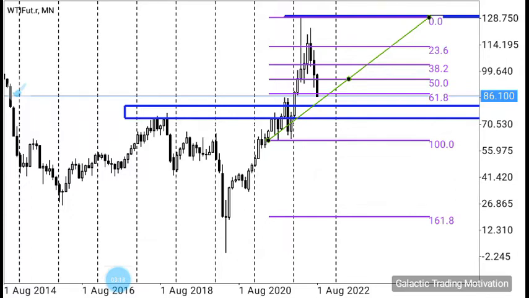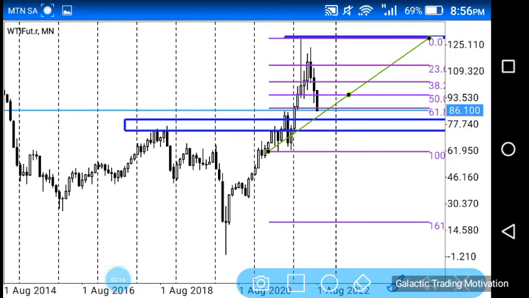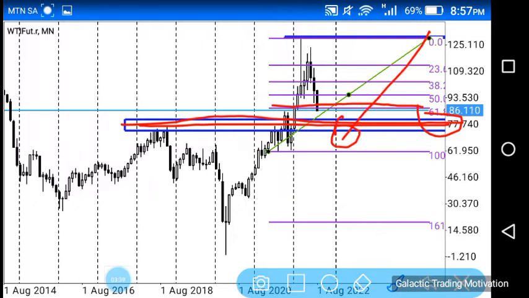Right, so we can see that price is currently testing the 61.8% Fibonacci retracement level, and also that our neckline is more below that 61.8% level, right? So ideally we would love to see price come to the neckline itself, and then from there, that's where we would look for possible buying opportunities, right?